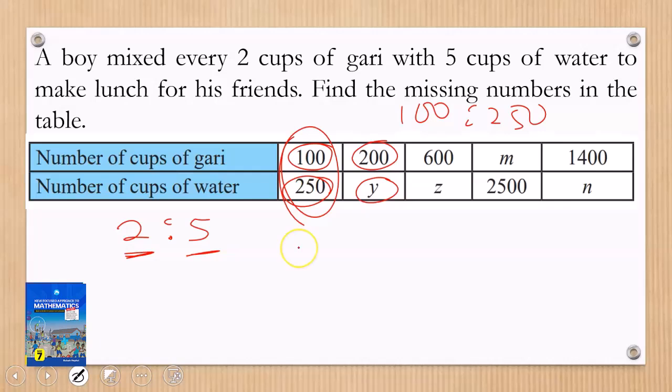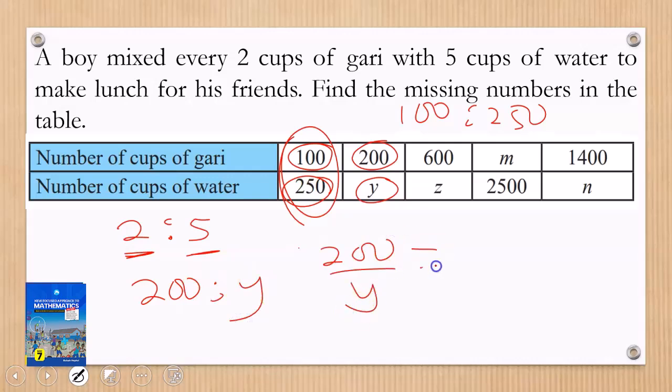It means that if 2 is to 5 is the ratio and we have 200 is to y, then we can say that 200 divided by y should be equal to the ratio, which is 2 divided by 5. If you do cross multiplication, you have 2y is equal to 200 times 5.